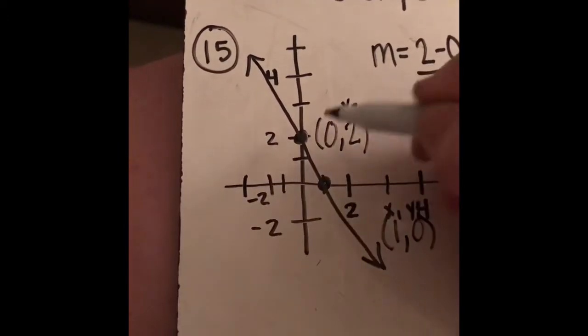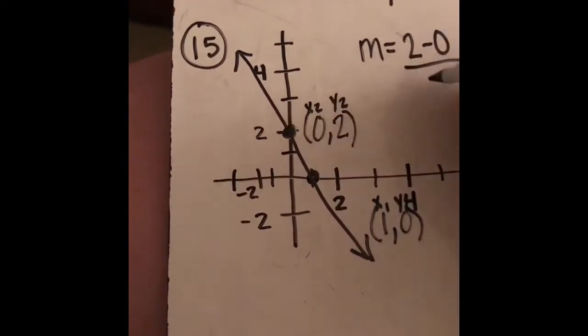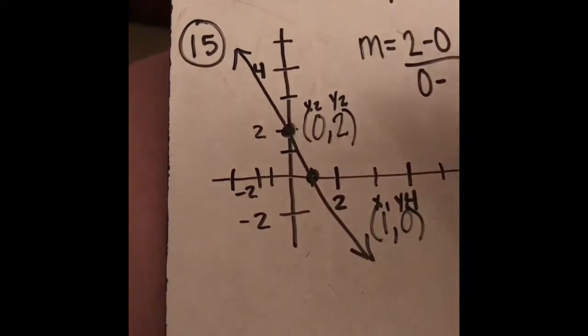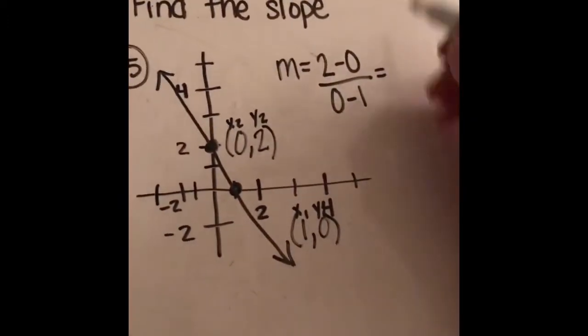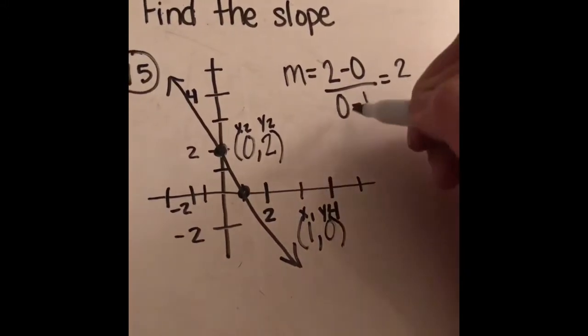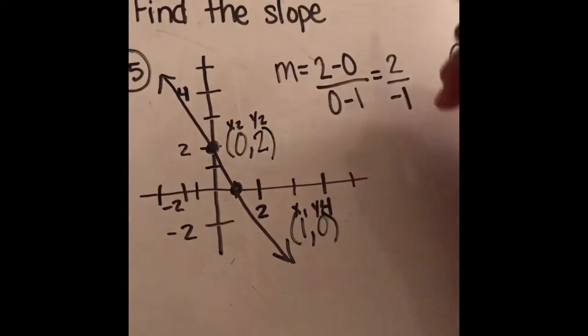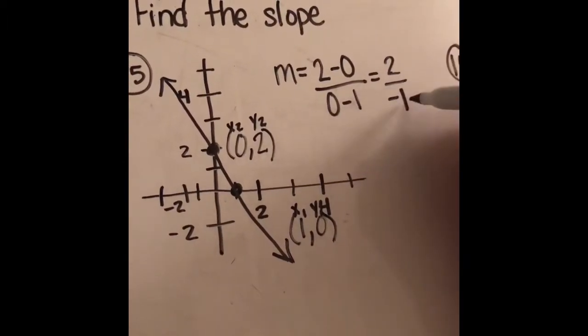This is x1 and that's x2. Then it is 0 minus 1. 2 minus 0 is 2. 0 minus 1 is negative 1.